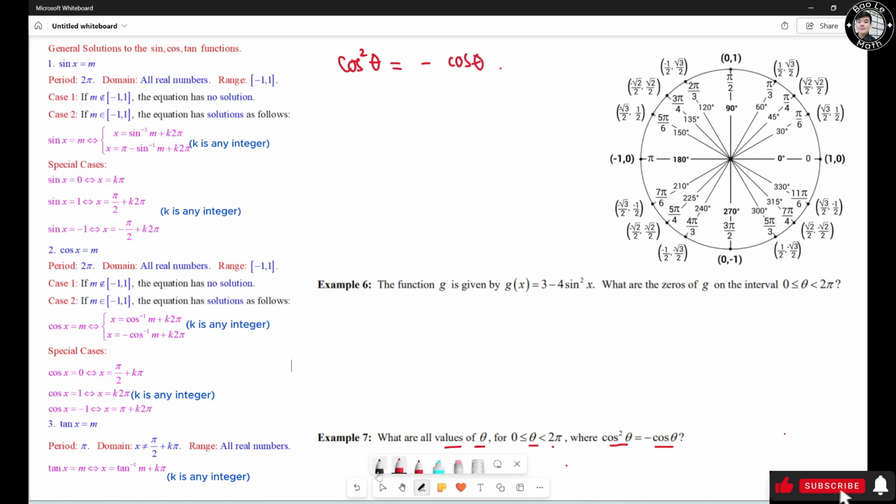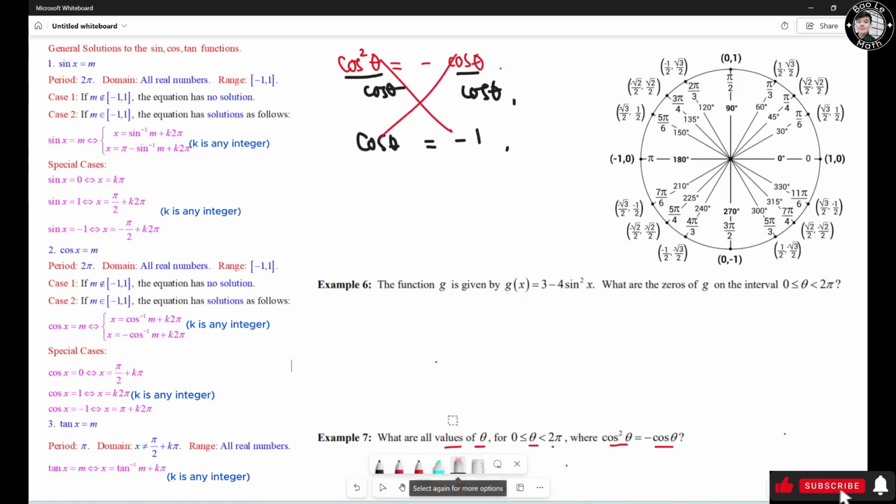Now, one of the common mistakes students usually make is they divide both sides by cosine theta. So this one equals cosine theta, and this one equals negative 1. If you do it this way, you miss some solutions. So be careful. Don't do it this way, this is wrong.